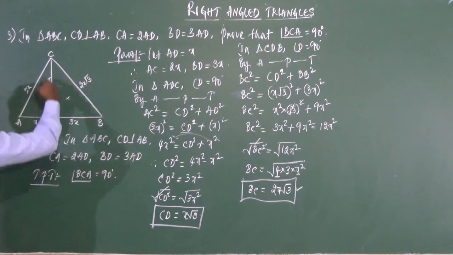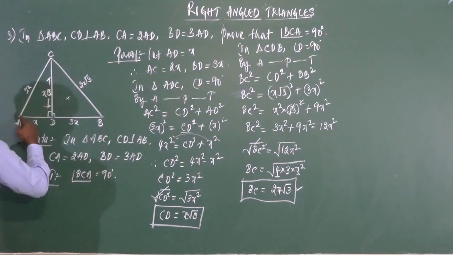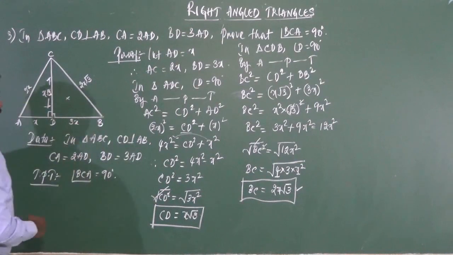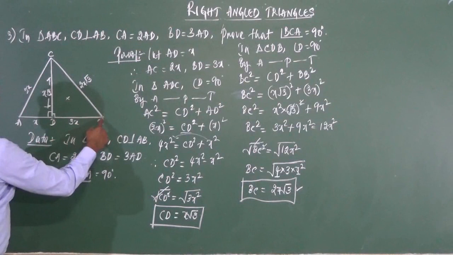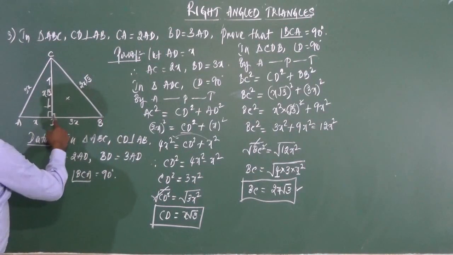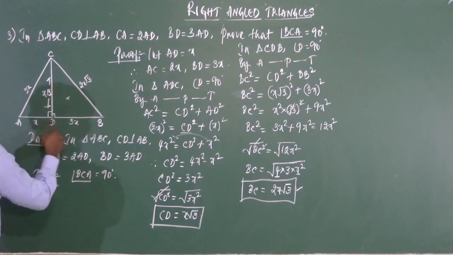So one thing we will do, we will add AC square plus BC square, and also look at AB square. Let us see what happens here. AD plus BD is x plus 3x.